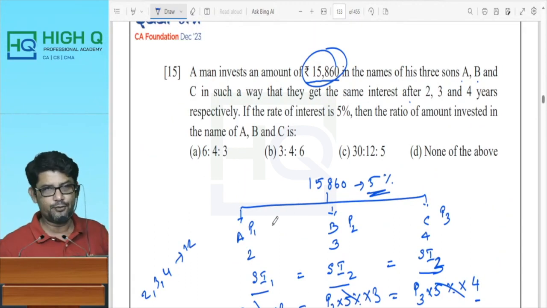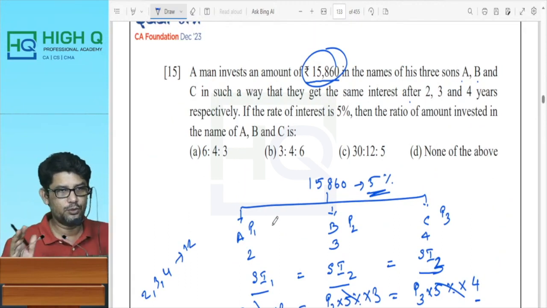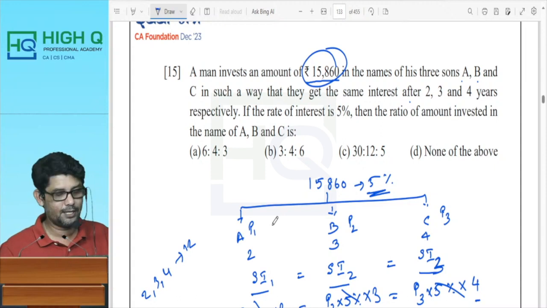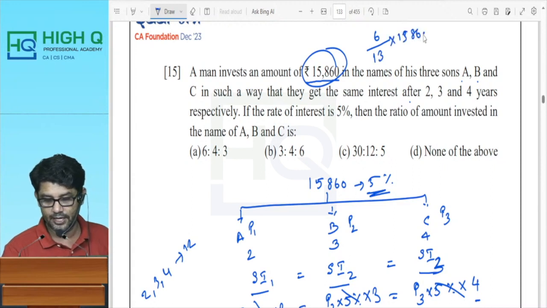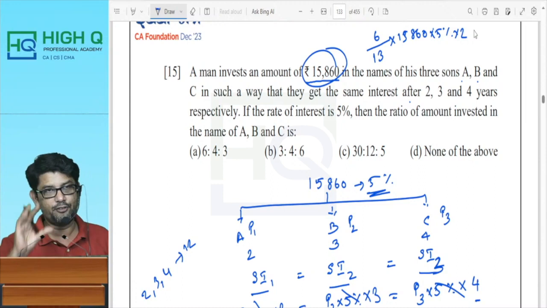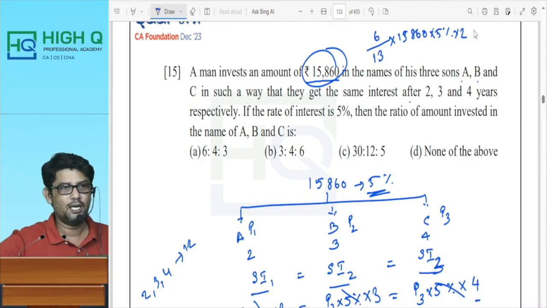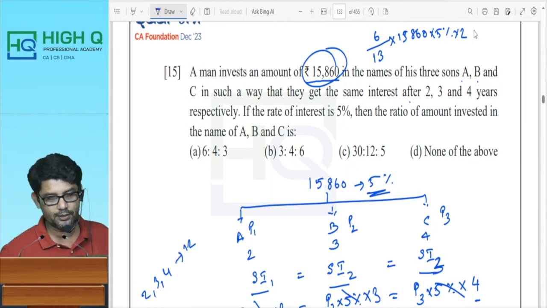If you want to use the option test, you can use it, my dear. The ratios can be taken, and then accordingly we should proceed. Yes, check the same interest. Of course, Uzma, you might have done like this: 6 by 13 into 15,860 into 5% into 2. It will go on like that. If you are comfortable with the trial and error method, please go ahead with the trial and error method only.